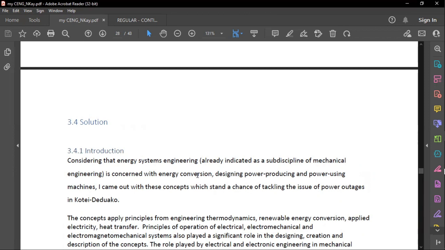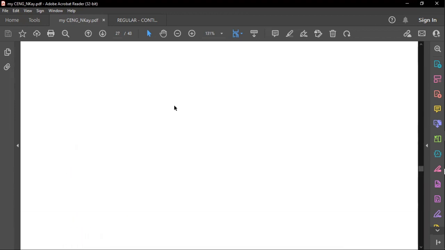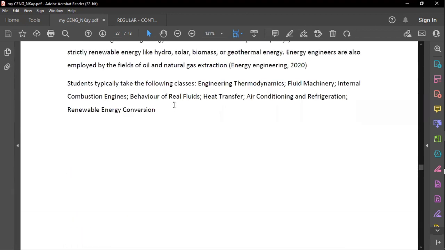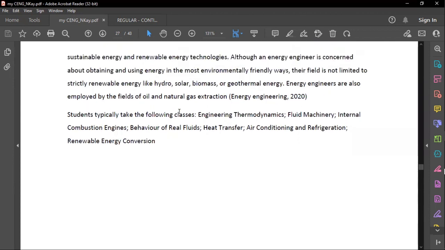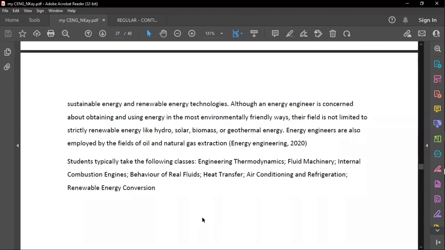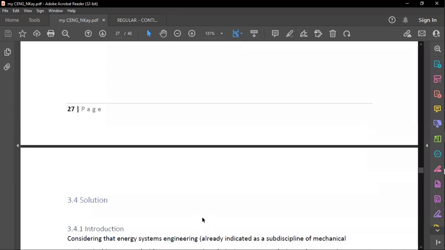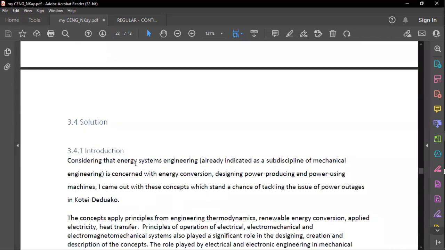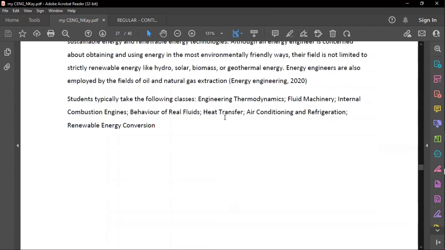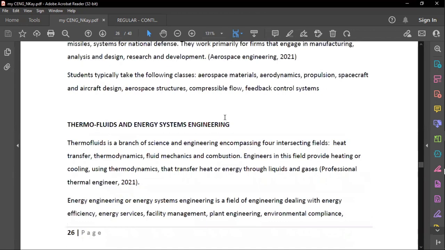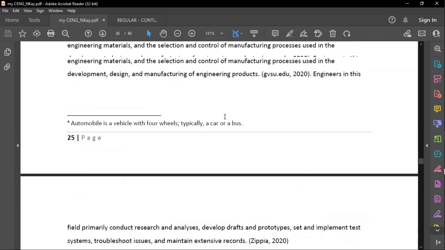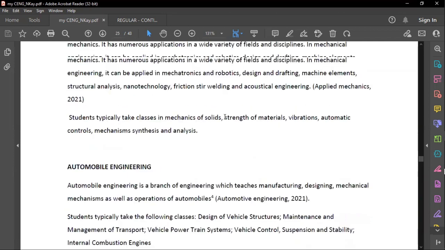He's trying to relate mechanical engineering to how he would solve the problem. So you see that from here, he said, considering the energy systems engineering. So you know that energy systems engineering is a sub-discipline under mechanical engineering, right?